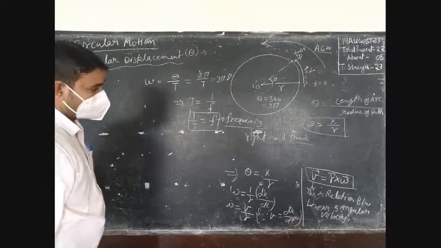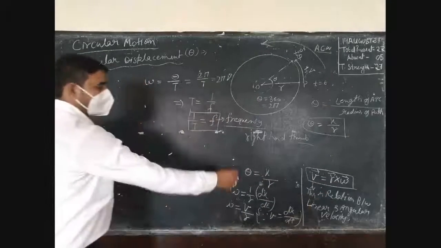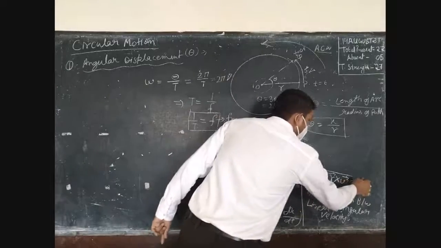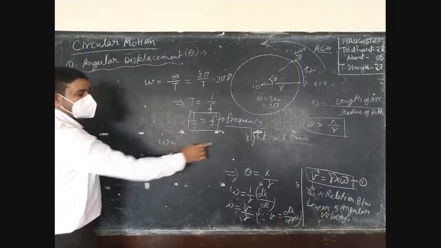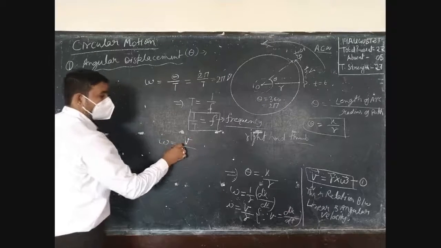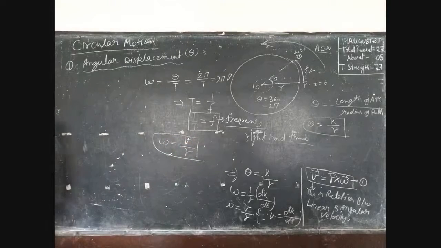And from this equation A, you have omega for angular velocity as the ratio of the linear velocity to the radius of the circular path. Clear?